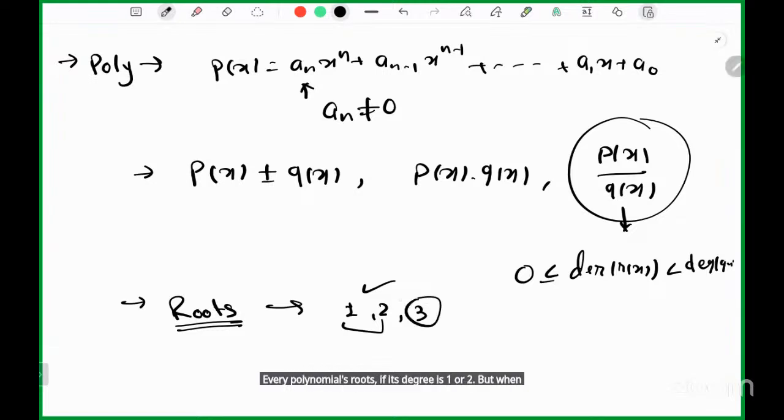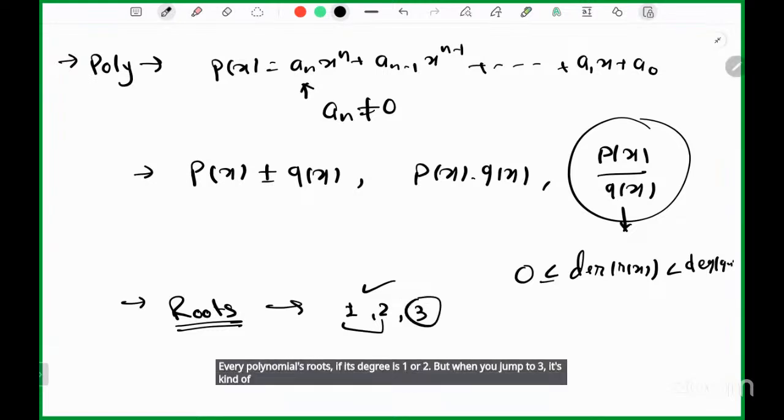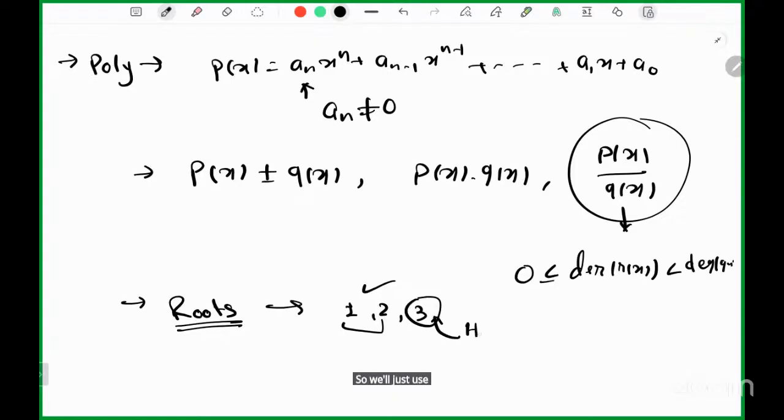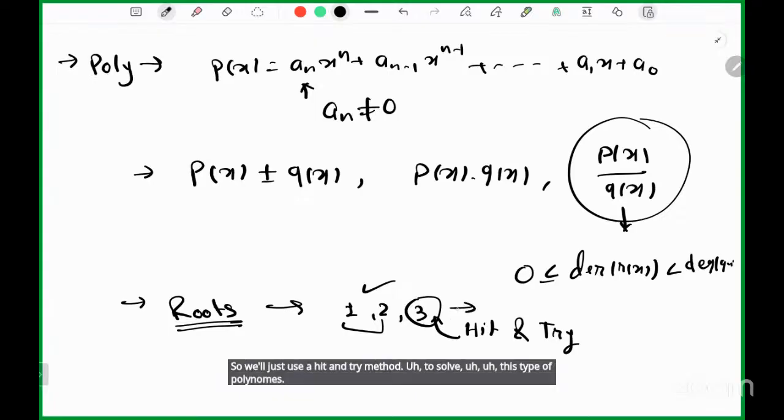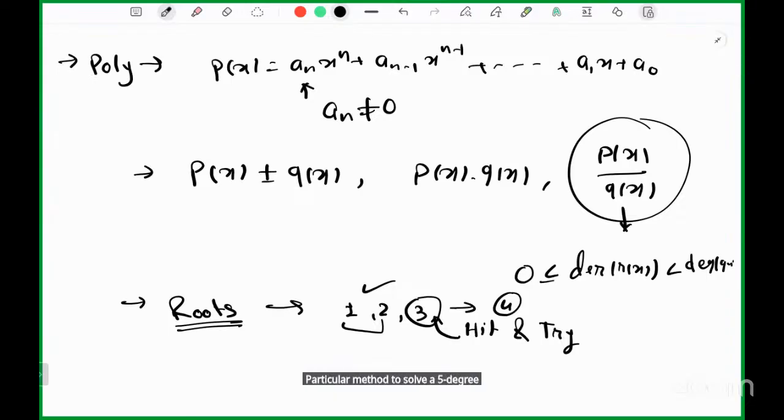When you jump to degree 3, it becomes a little more difficult, and we haven't discussed any particular method to solve cubic polynomials, so we'll use the hit and trial method. For larger degrees, in general there is no particular method to solve a 5-degree polynomial, so we can use the help of a graphing calculator.